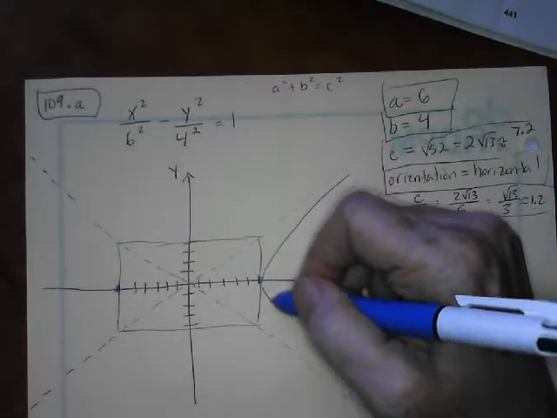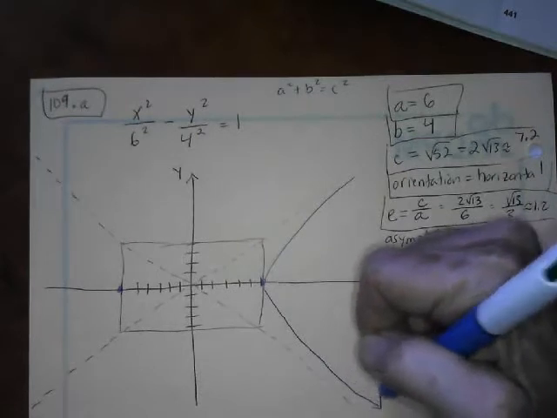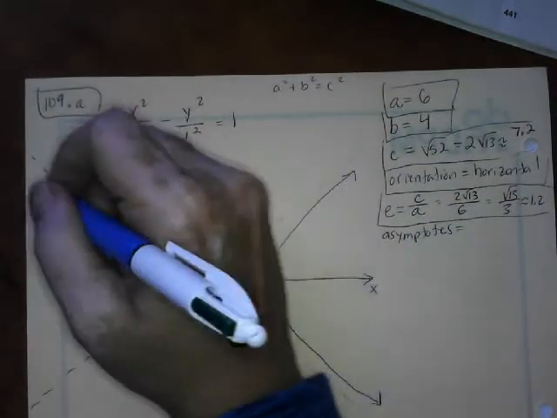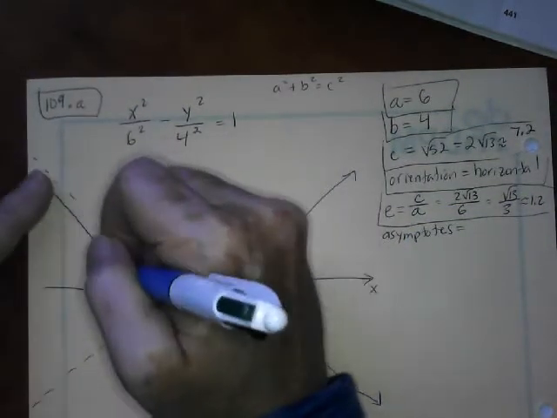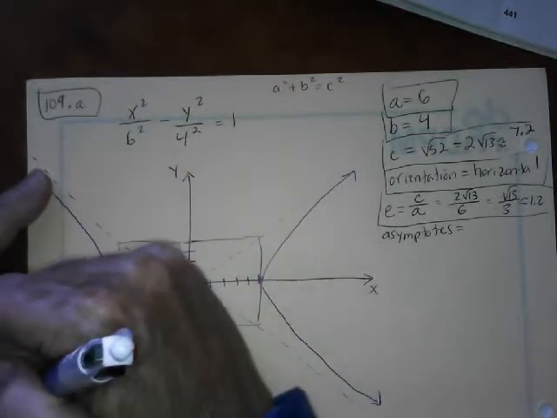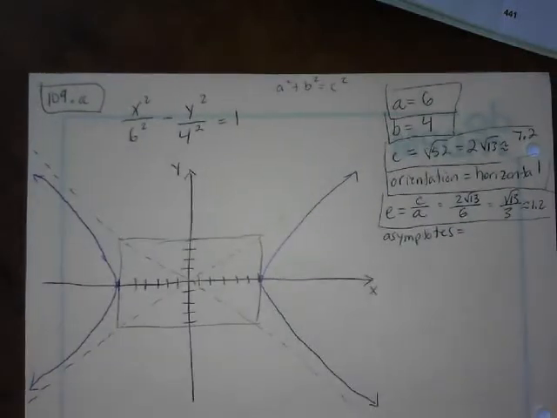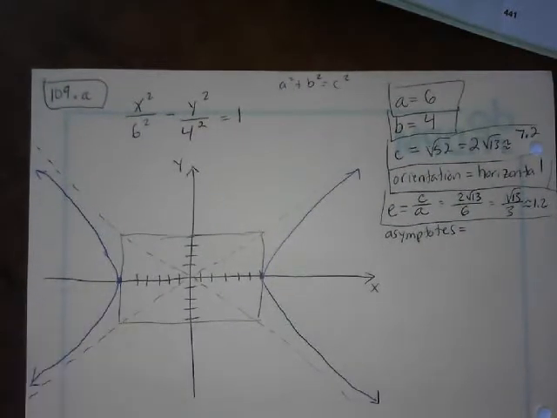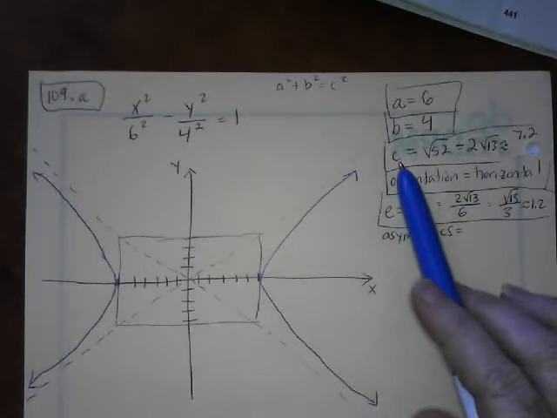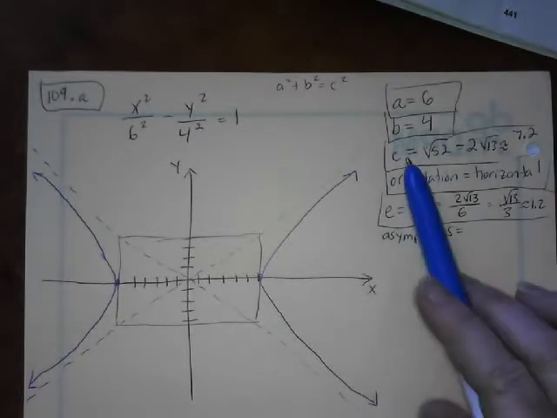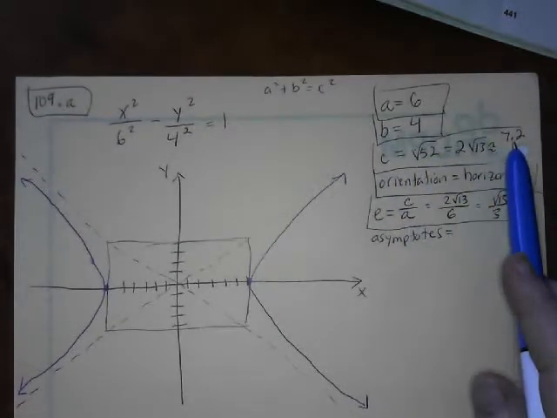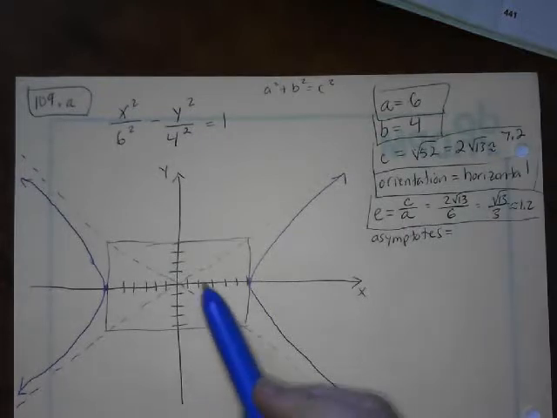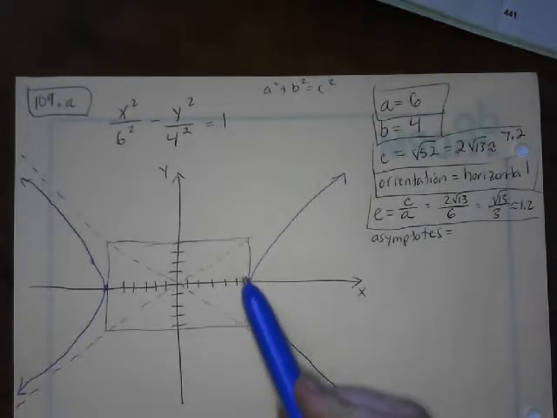And I can actually get the focus in there too. I should graph the focus. The focus is going to be on the same axis as the vertices. And the focus has to do with the letter C. The distance from the center to the focus is whatever C was. So we said C was 7.2. So 1, 2, 3, 4, 5, 6, 7, 8, 7.2.